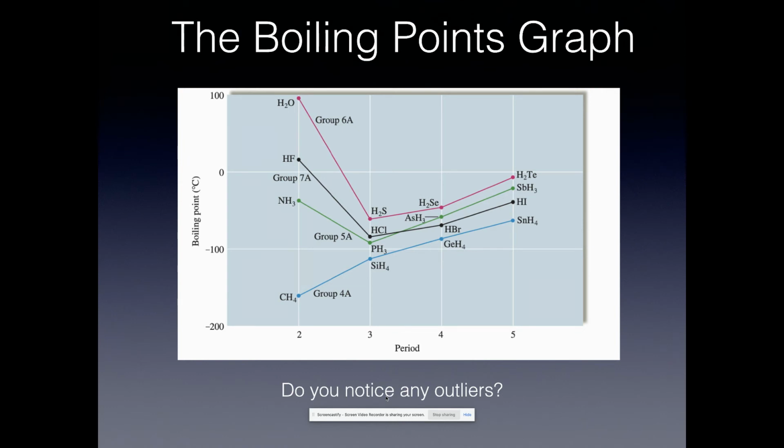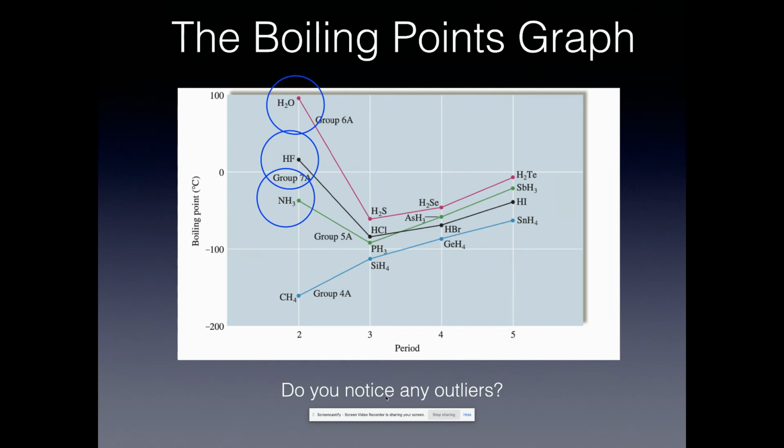Now the green line, that's for group 5 or 15, depending on which table you're looking at. Ammonia is not following the pattern. In fact, there are some outliers on here. Water, HF, and ammonia, which are your 3 best molecules ever to use to describe hydrogen bonding. Those molecules have hydrogen bonding.